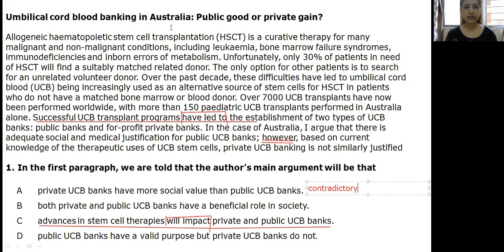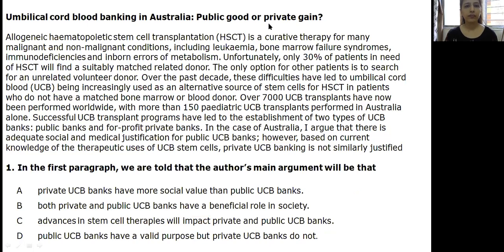So, yes, those who have typed in their answers are right. D is the correct answer here. Public UCB banks have a valid purpose. There is a justification, both medically and socially, but it is not there for private banks. Okay?